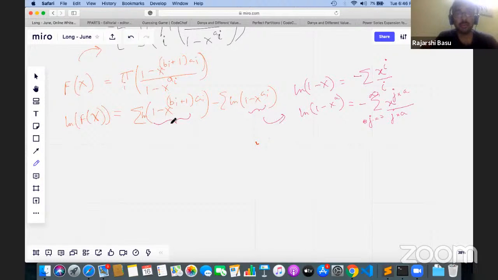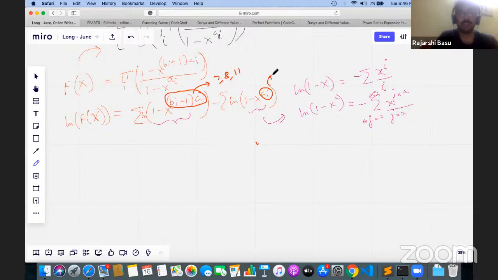Now you can group together all of the 1 minus x^i terms that have the same power here. These might not seem to be the same, but each will have some numerical value, let's say 7, 8, 11.